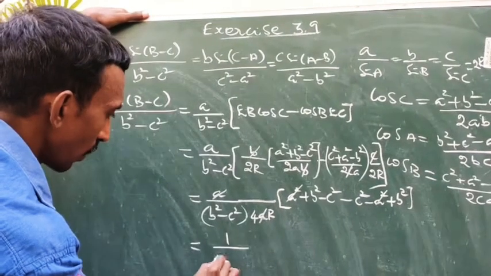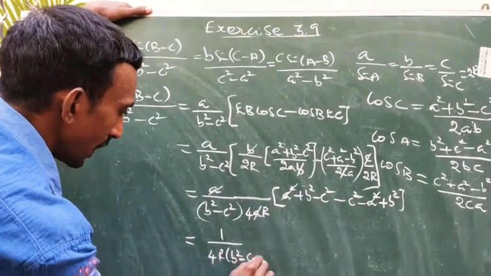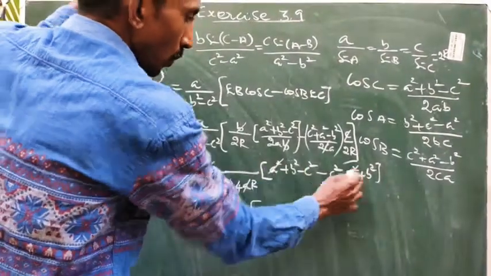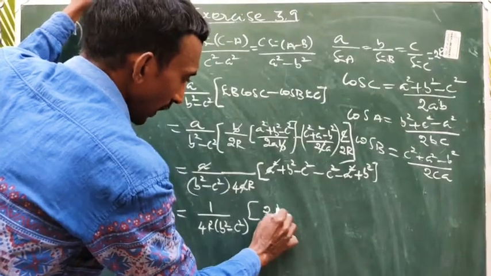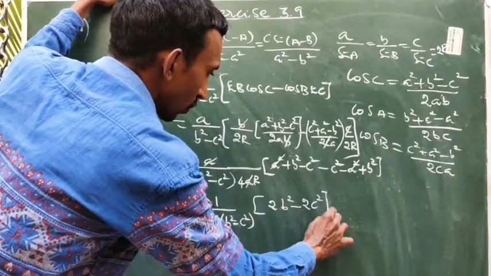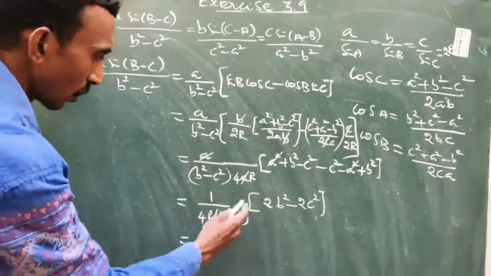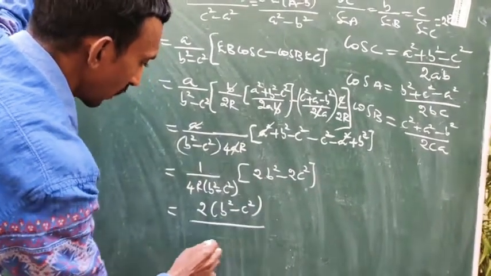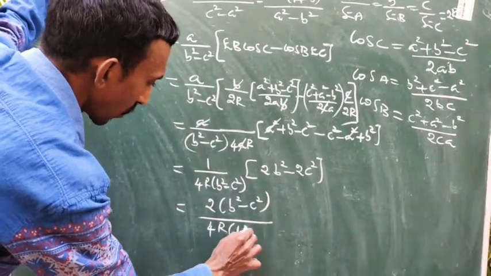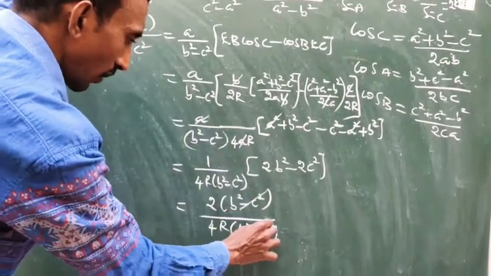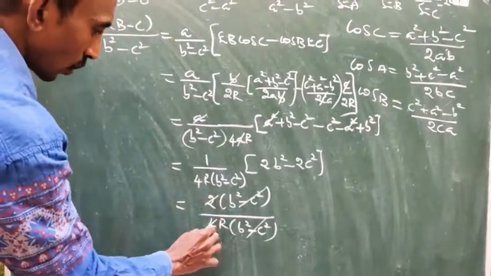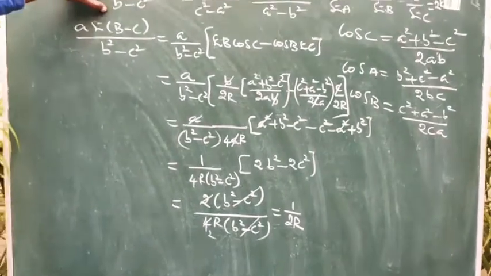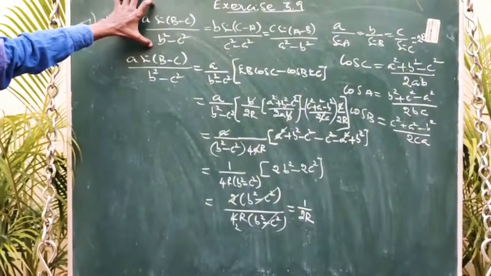So 1 by 4R into b square minus c square into, so what do we get? 2 times b square minus 2 times c square. So take 2 outside: 2 into b square minus c square by 4R into b square minus c square. So b square minus c square cancels, and we are getting 1 by 2R. So the first one is equal to 1 by 2R.